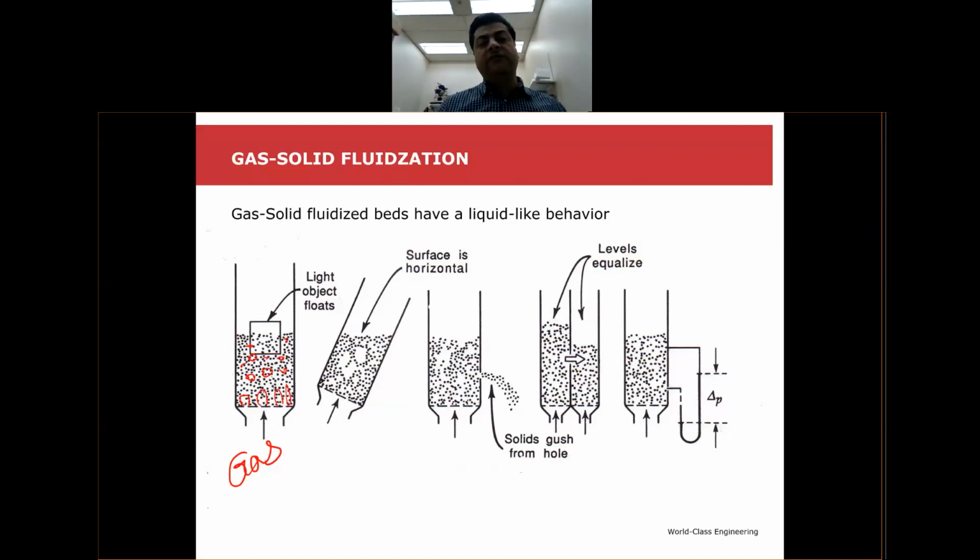That's why we call them fluidized beds. At the beginning, particles are just solid, they don't move around, but after a specific gas velocity, particles start to move.